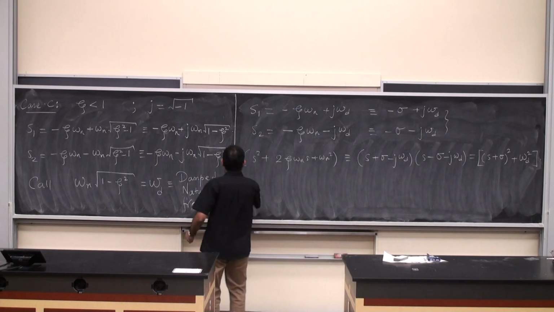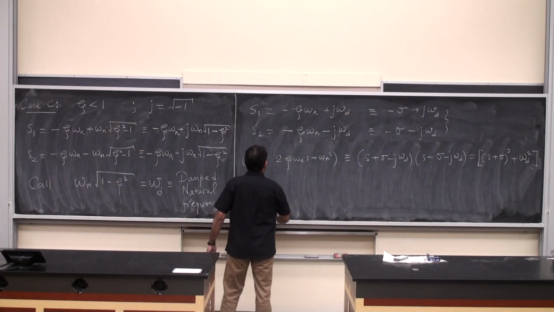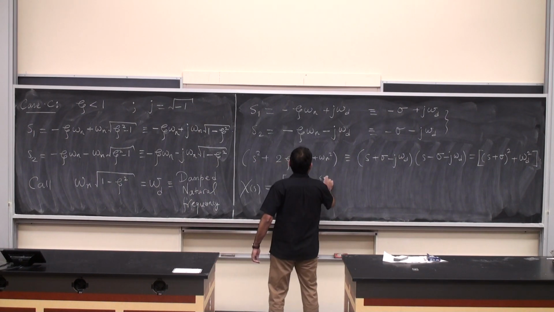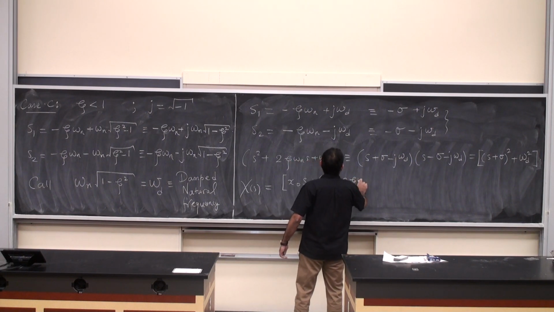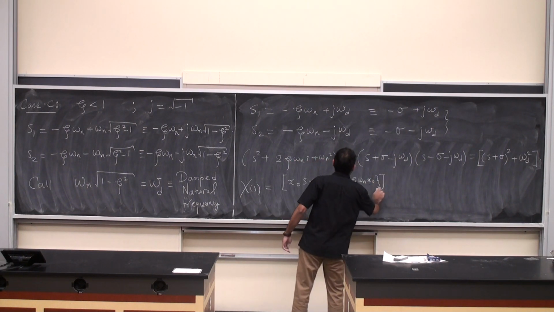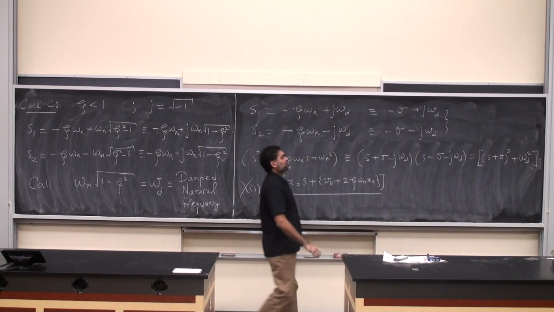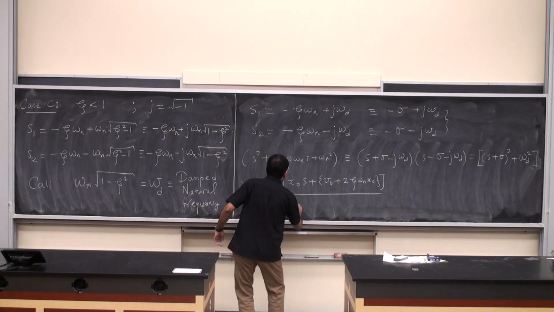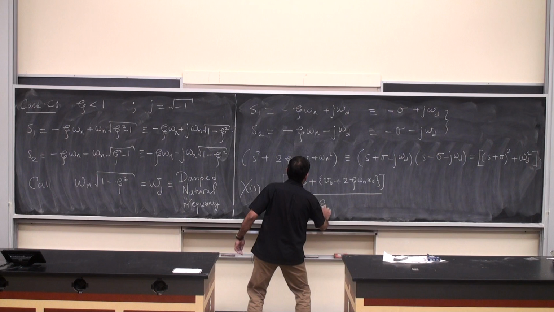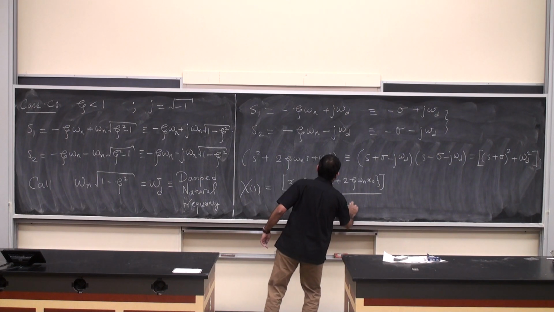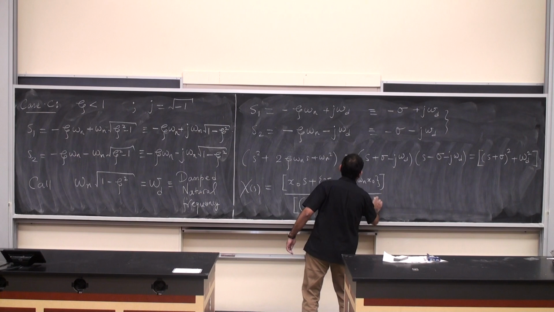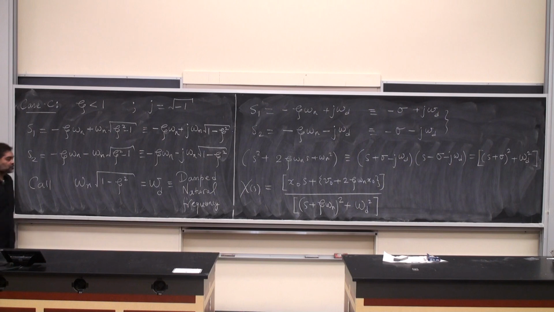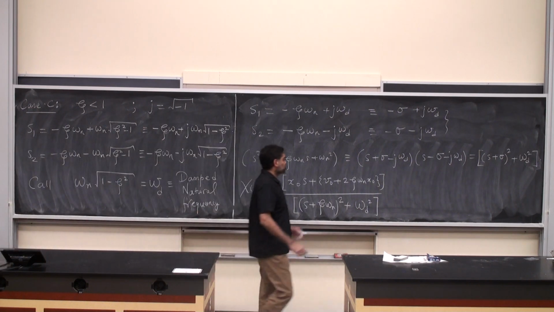So that X of s now becomes x naught times s plus v naught plus 2 zeta omega n x naught. Instead of the sigma, I'm going to substitute zeta times omega n. Okay, so this is now going to be (s plus zeta omega n) whole square plus omega d whole square, which I'm going to split and write.